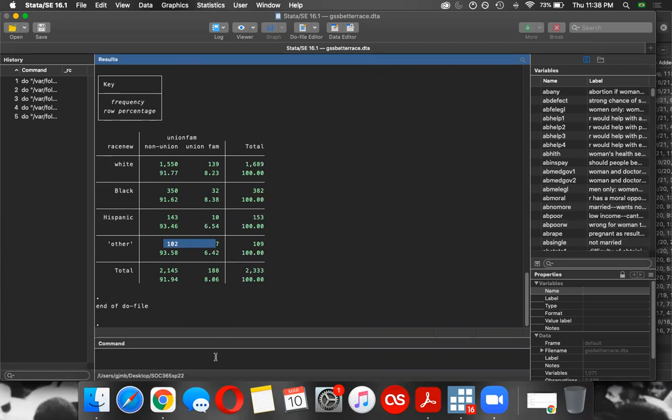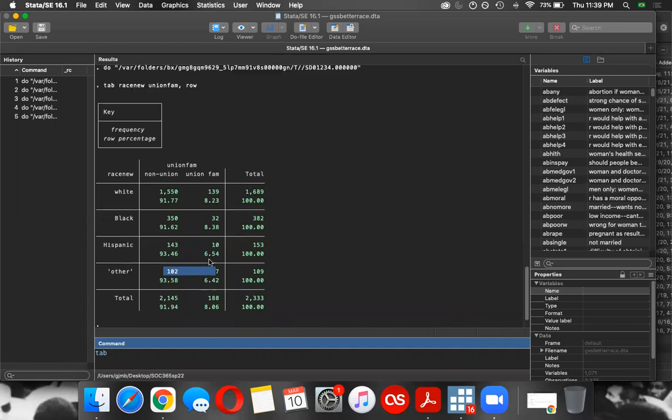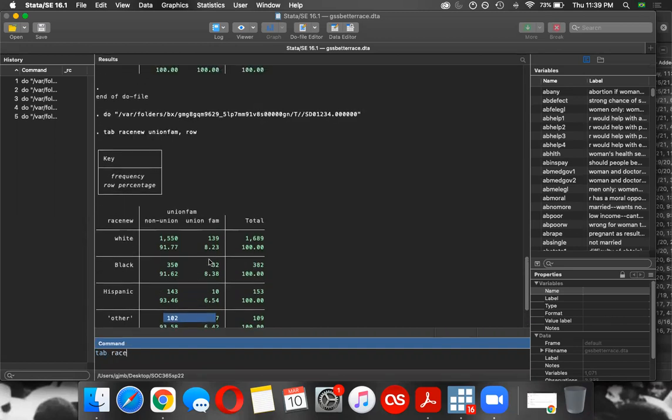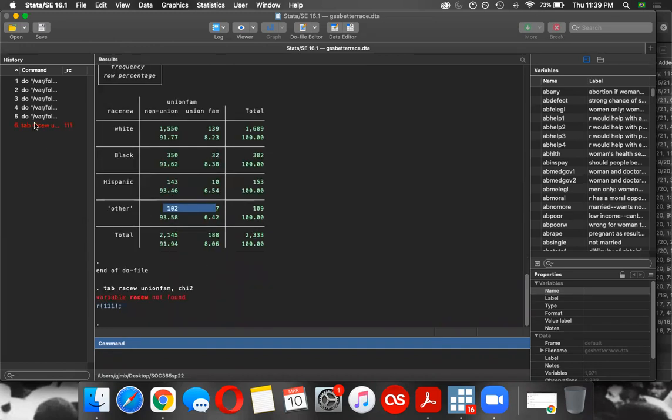By the way, this happens to be a particular case where there really isn't much of a relationship between unions and race, or just between the two variables, I mean to say. So we can actually do a chi-square test here. Let's do that now. Oh, mistake there, sorry.